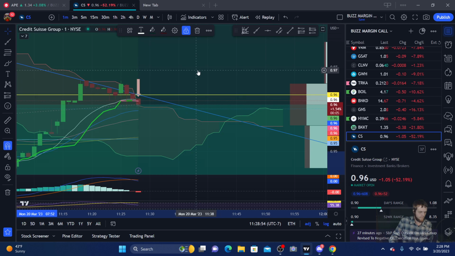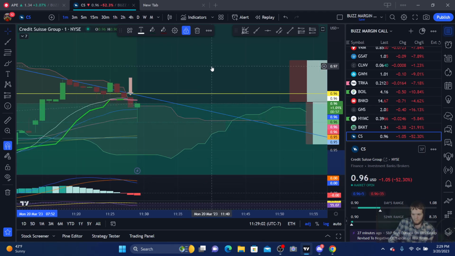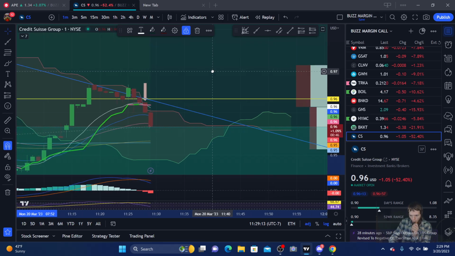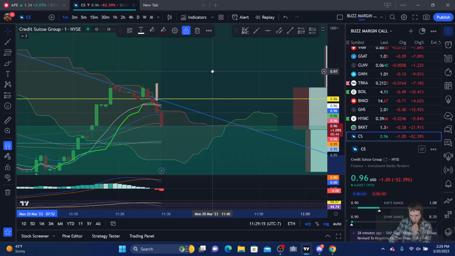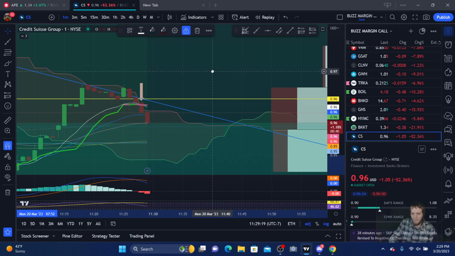What that narrowing of the cloud tells you is there is a narrowing of the price action of the stock. Like as in the ask bid spread? Yeah, in other words, the wider the cloud, the wider the price range on that stock. Okay. All right.